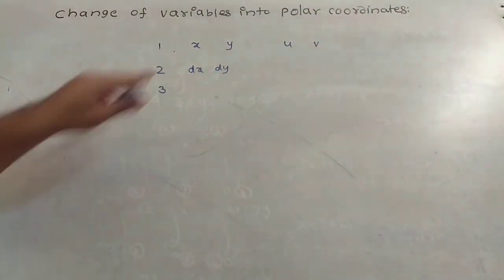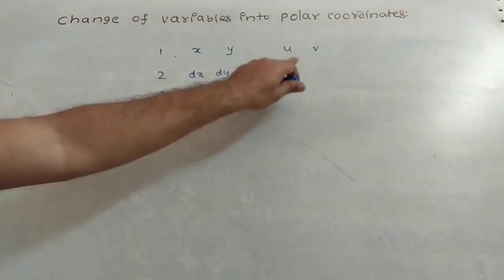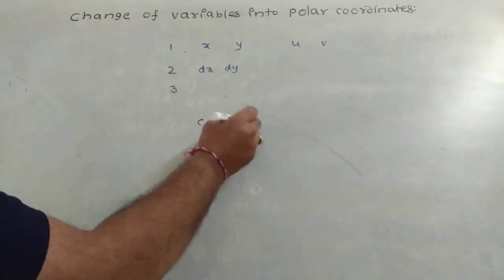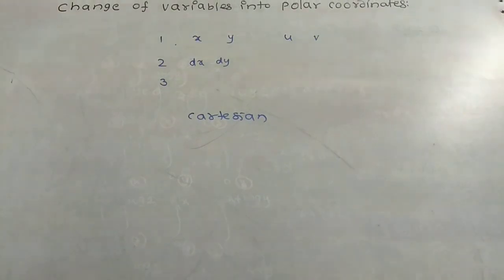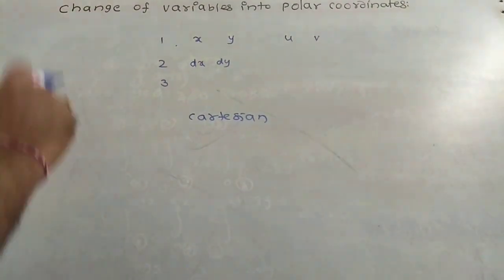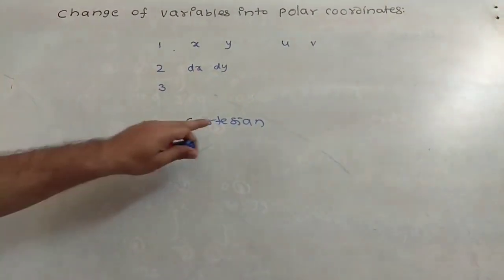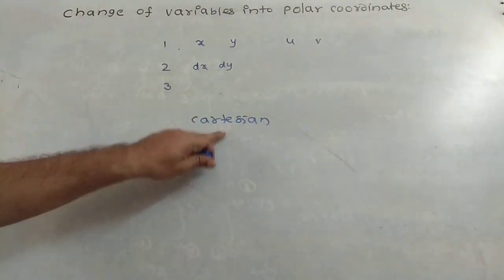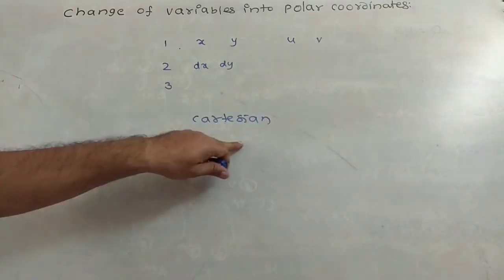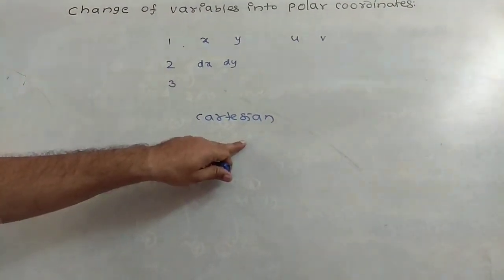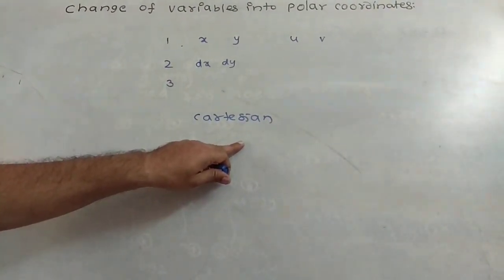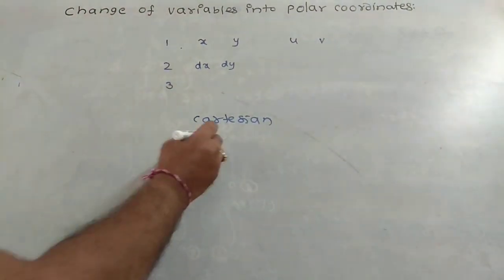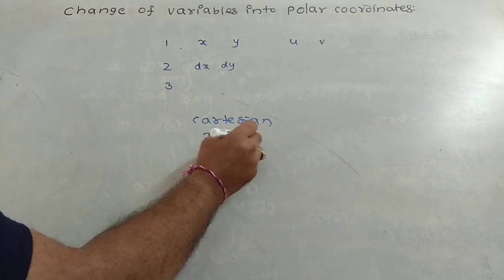But the problem is, if it is converting into another type of variables, such a procedure is generally said to be Cartesian coordinates. Sometimes even if you convert into other variables, it is very difficult to calculate the double integral. In that case, instead of converting into other variables, you convert into trigonometric functions.